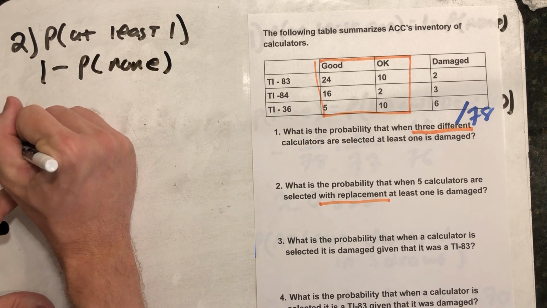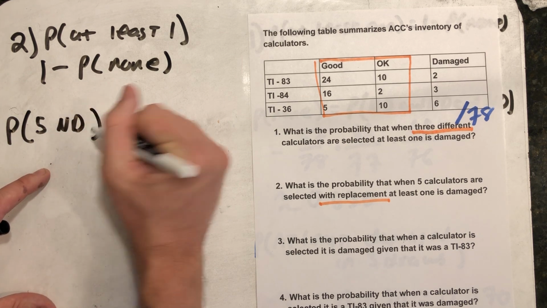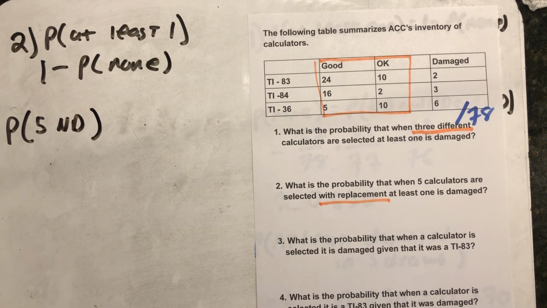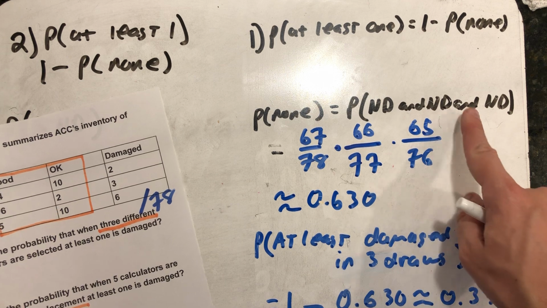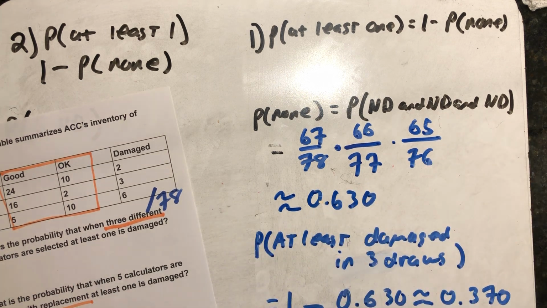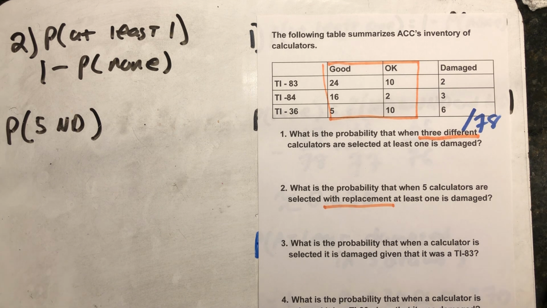So this time I'm thinking about the probability of getting 5 non-damaged calculators in a row. It's still a multiplication rule problem, and I could write it out like this one where I go not damaged and not damaged and not damaged, and then two more of those. But I'm just going to summarize it here and know that this is a multiplication rule problem because I'm selecting a not damaged calculator and then a not damaged calculator and so on.